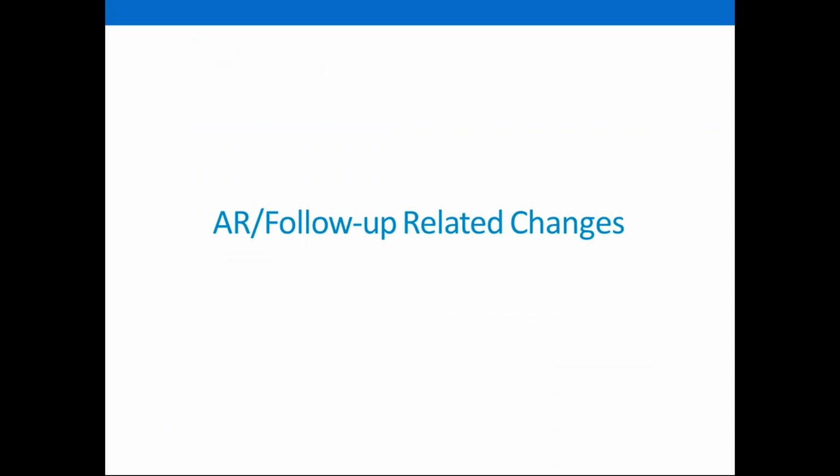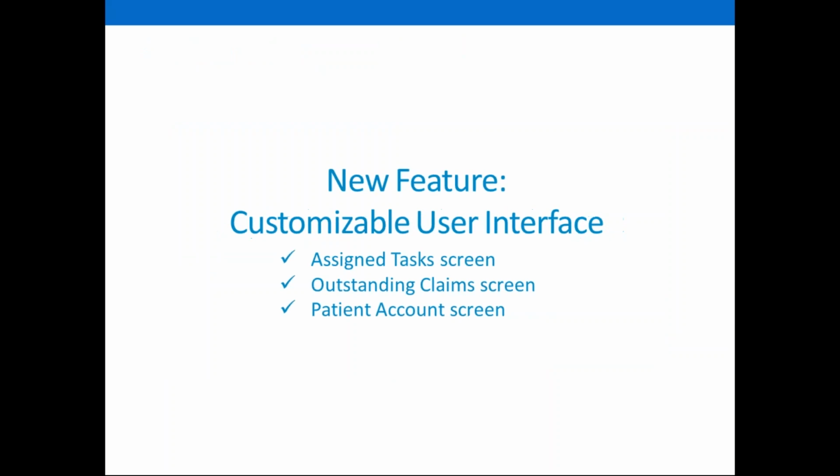So now moving out of that specific workflow, we're going to go back to system level changes on the AR follow-up side. You now have the ability of customizing the user interface for your assigned task screen, outstanding claims, or patient account.